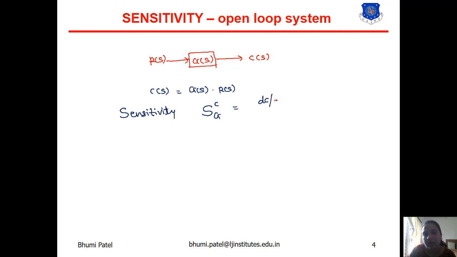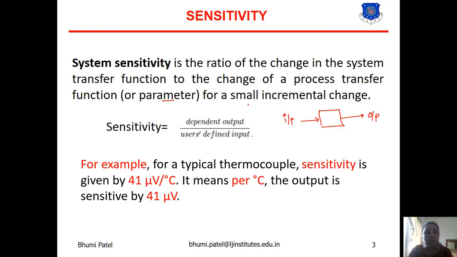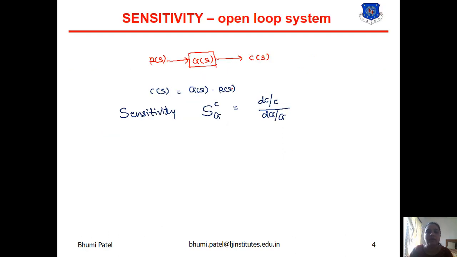It is the derivative of the output, that means dC by C, upon dG by G. As you know, it is the ratio of the change in the system transfer function to the change of a process transfer function or the parameter for small incremental changes. So this is the equation for the sensitivity.